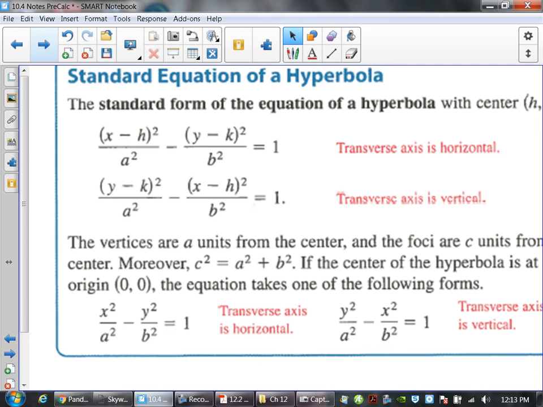When the y squared comes first, it's up and down. Notice that the a squared, b squared doesn't have any difference. It's just where they're placed. Okay, that's the only difference. Whereas in an ellipse, the a squared was the bigger of the two values, and then it went back and forth. Here, it's just what comes first, the x or the y, and that's how you know what direction it's moving.